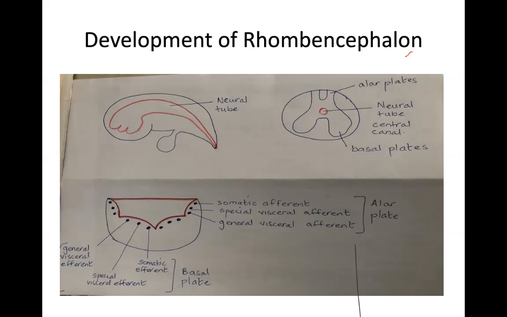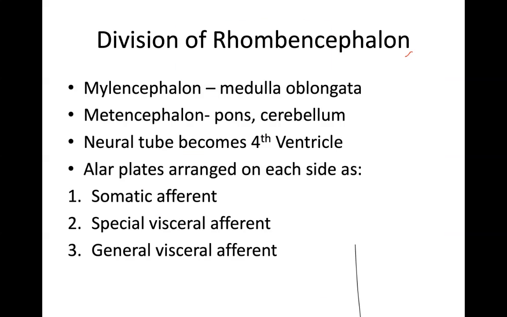Now we have to talk about the different parts of the hindbrain, because now we're moving up. We have established the formation of the spinal cord, and now we have to move up towards the parts of the brain. So the continuation of the spinal cord is into the hindbrain.